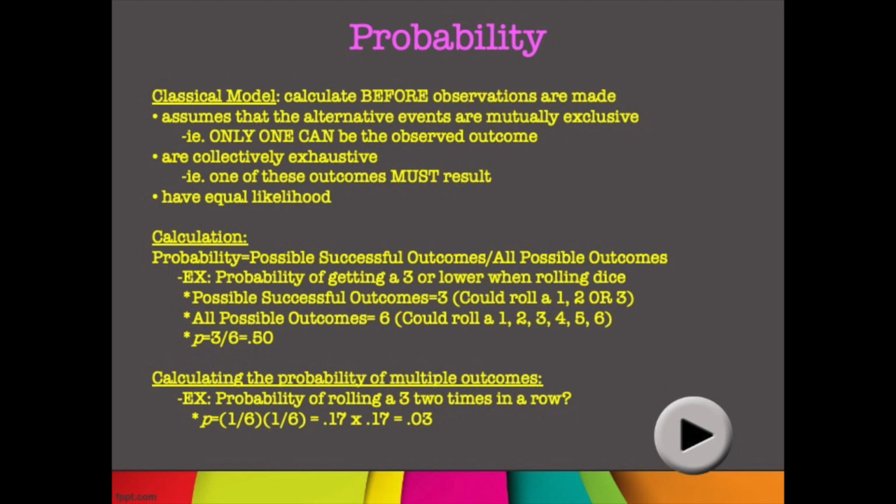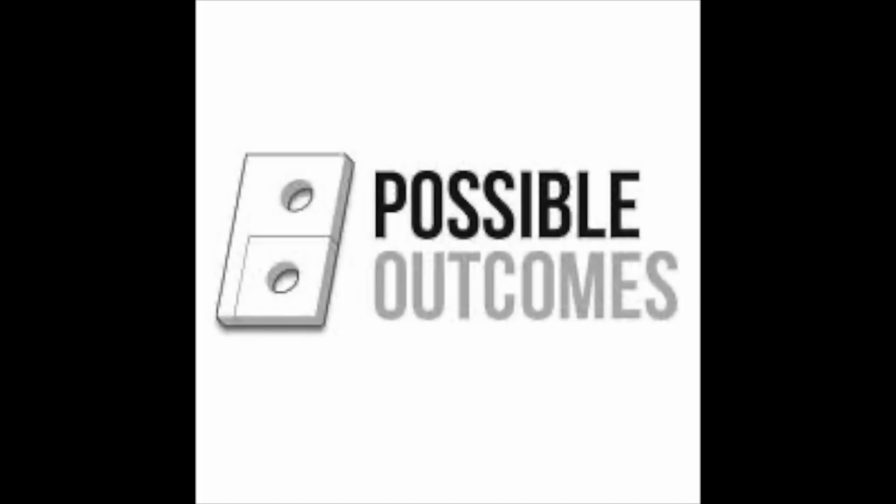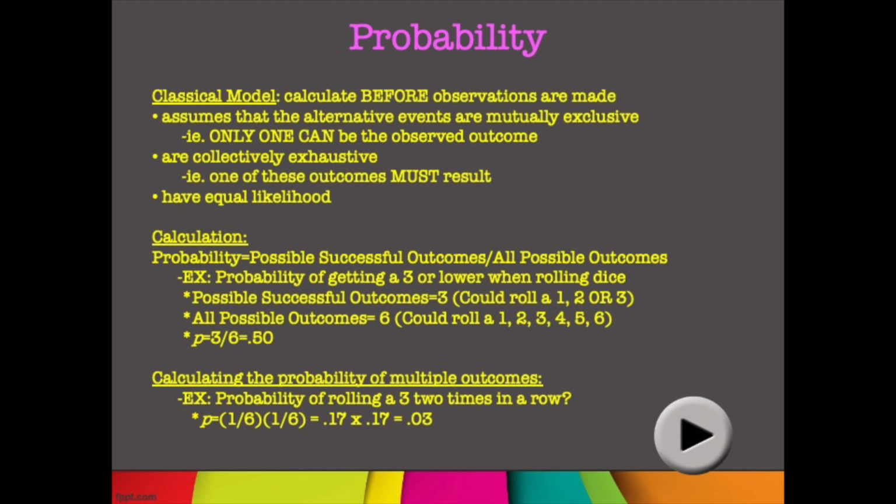In other words, when I flip that coin, it's just as equally likely to land on heads as it is to land on tails. The way that you calculate this is you take the possible successful outcomes and divide them by all possible outcomes. That's how you'll use this classical model to calculate probability.